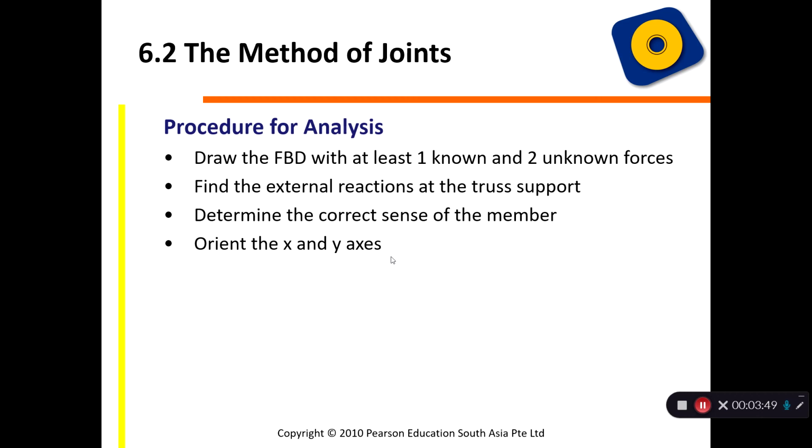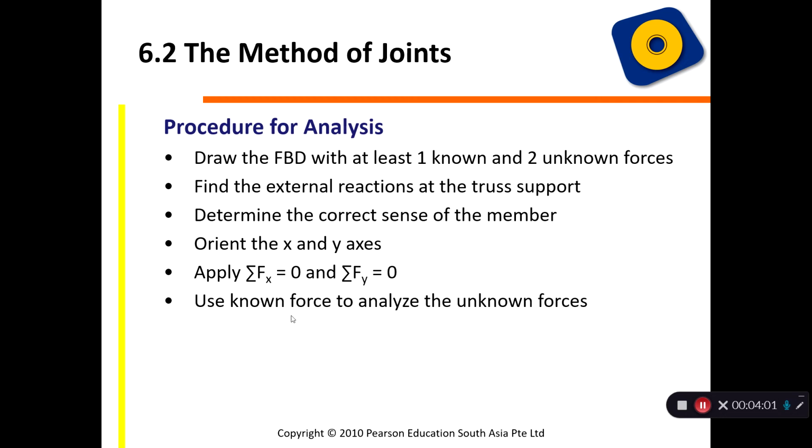Then we orient our x and y axes. They don't have to be the common x and y axes. And then we apply the force balance equations. Use the known force to analyze the unknown forces, starting from the FBD where we have one known force. Ultimately we want to determine the unknown forces.